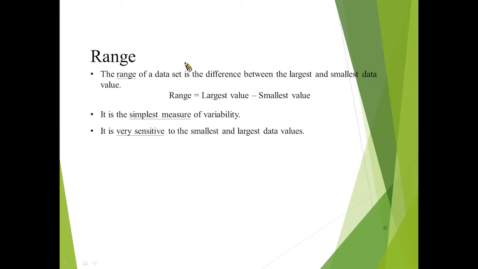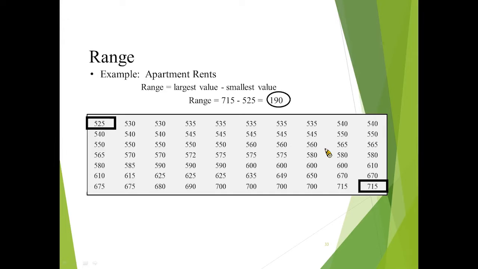Range. The range of a data set is the difference between the largest and the smallest data value. So range equals largest value minus smallest value. It is the simplest measure of variability, and is very sensitive to the smallest and largest data values. So for the range, you can see we put the data in ascending order.